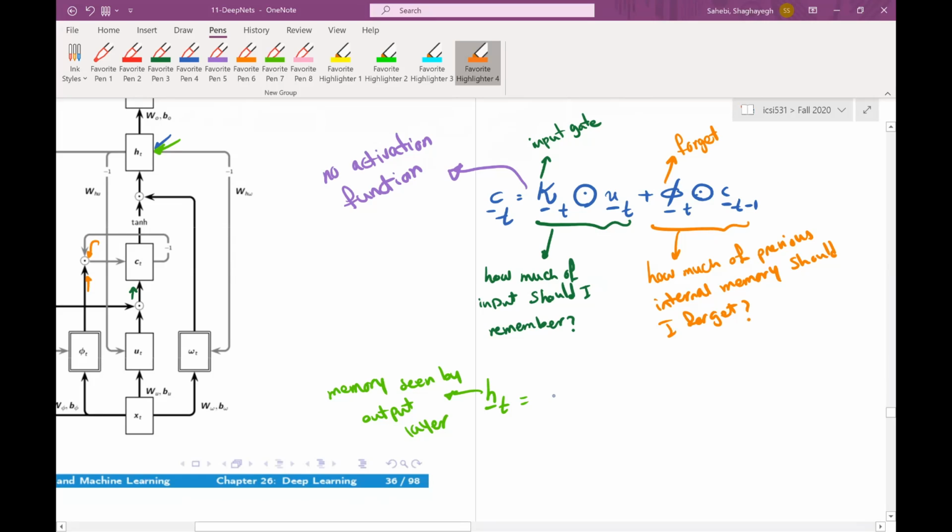So I'm going to have this omega_t, the output gate, element-wise product with tanh of the internal memory.